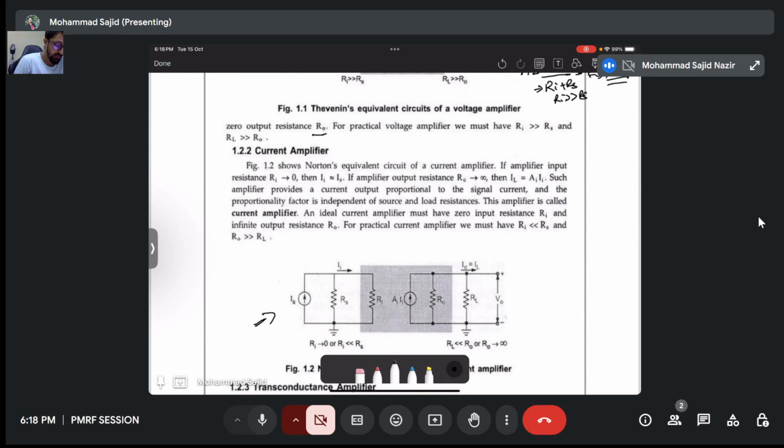What I want is Ri should be as low as possible, such that the whole current flows through it, because the current always flows through the least resistance path. And at the output, what I want is RL should be very much less than R0. So at the input as well as at the output, I want both resistances to be as low as possible. It's also written here that if the amplifier input resistance Ri is 0, then Ii, that is the current input through the amplifier, is equivalent to the source current.